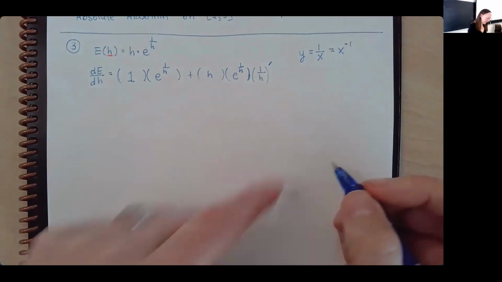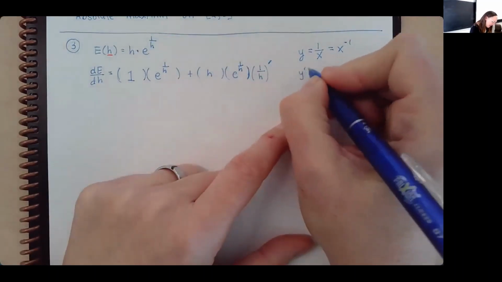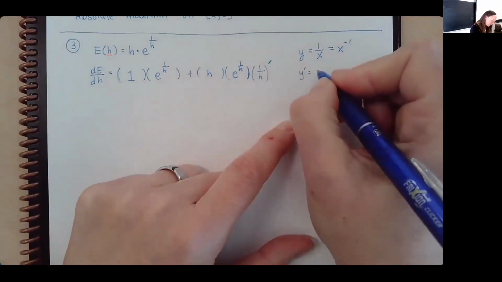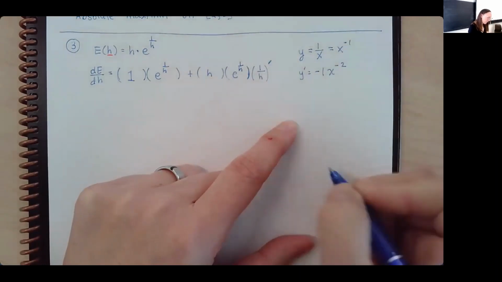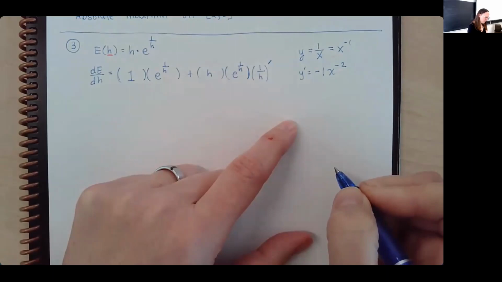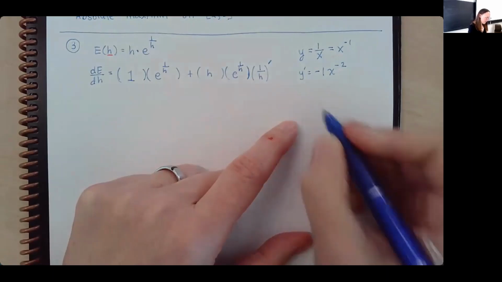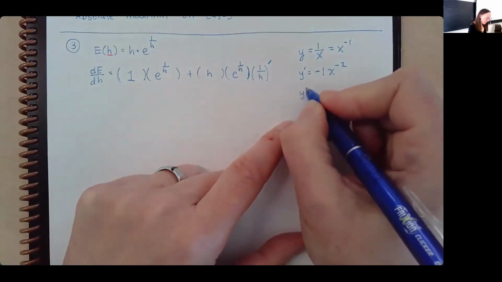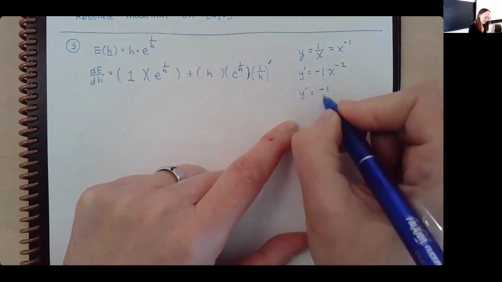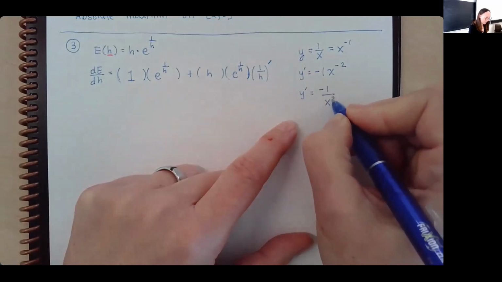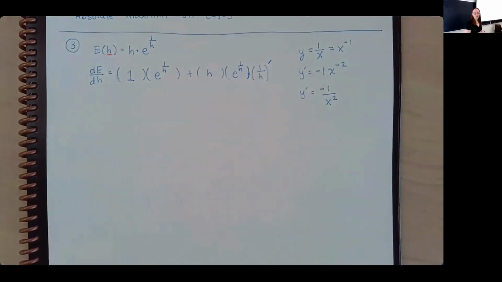And if I take that derivative, I'm going to bring that exponent down. So I'd have negative 1 x to the negative 2. You can leave it alone at that point, but I kind of have it memorized in my head as negative 1 over x squared, because I think it's friendlier to look at.